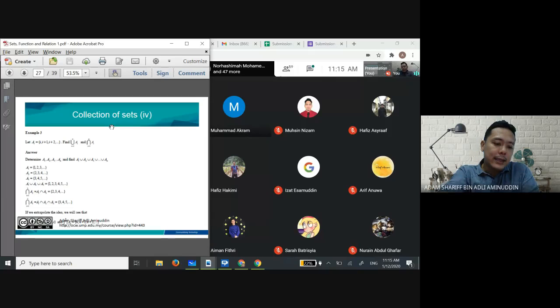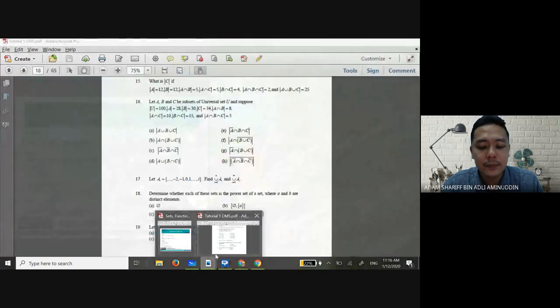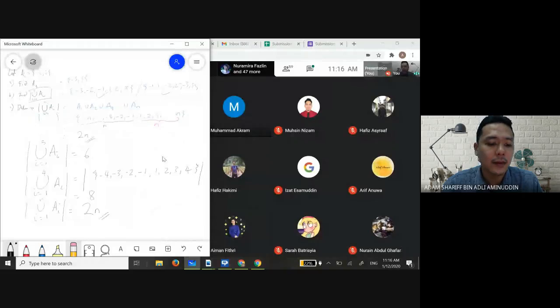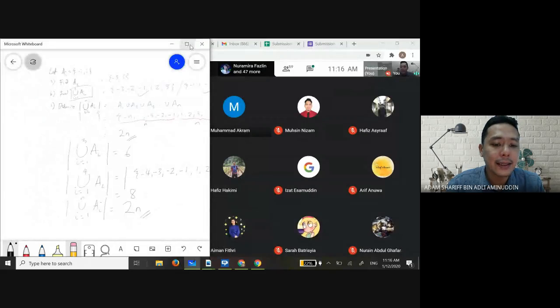Kita memang belajar union and intersection, tetapi tadi saya include sikit konsep cardinality, yang mana benda tu boleh dicari. That cardinality can be found if you know how to express your set function. So actually, if we try to attempt this just now, okay, ni soalan yang sama ya. Saya besarkan.